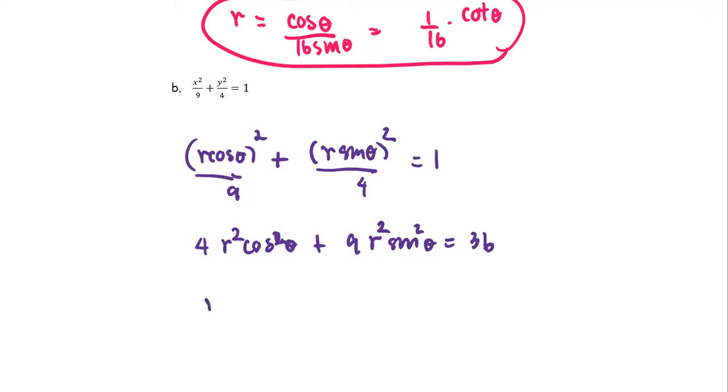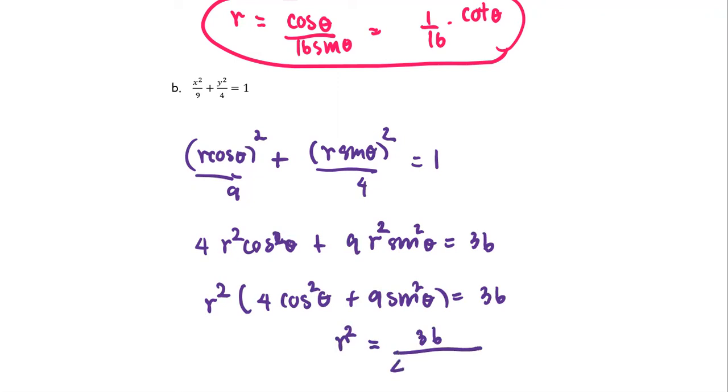And factor out the r squared. We have r squared multiplied by 4 times cosine squared theta plus 9 sine squared theta equals 36. Solve for r squared. So r squared equals 36 divided by 4 times cosine squared theta plus 9 times sine squared theta.